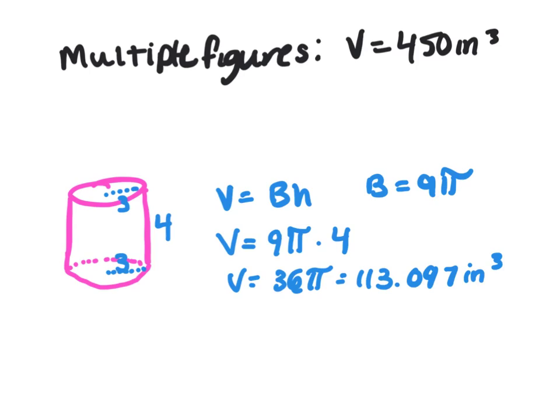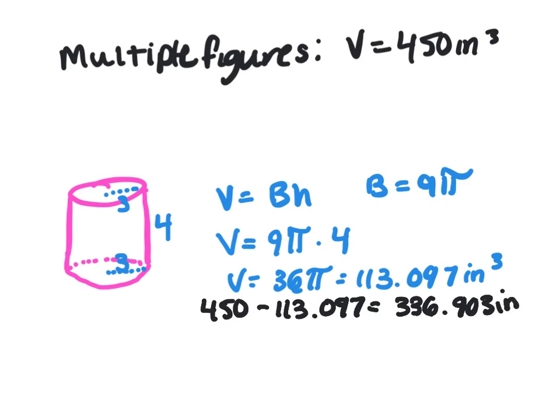Now, this means if I subtract to figure out how much volume I had left, I have 450 minus the 113.097, which if I subtract, this gives me that I'm left with 336.903 inches cubed remaining.